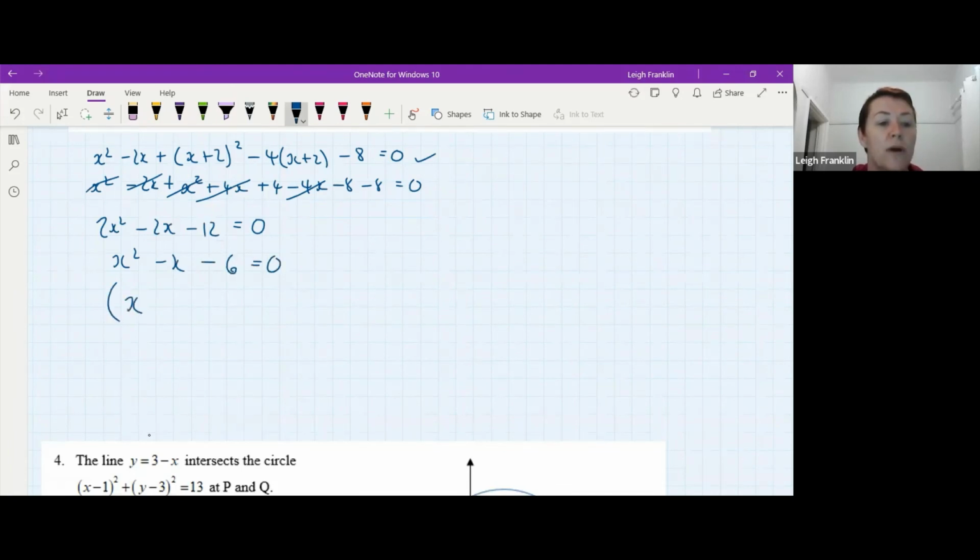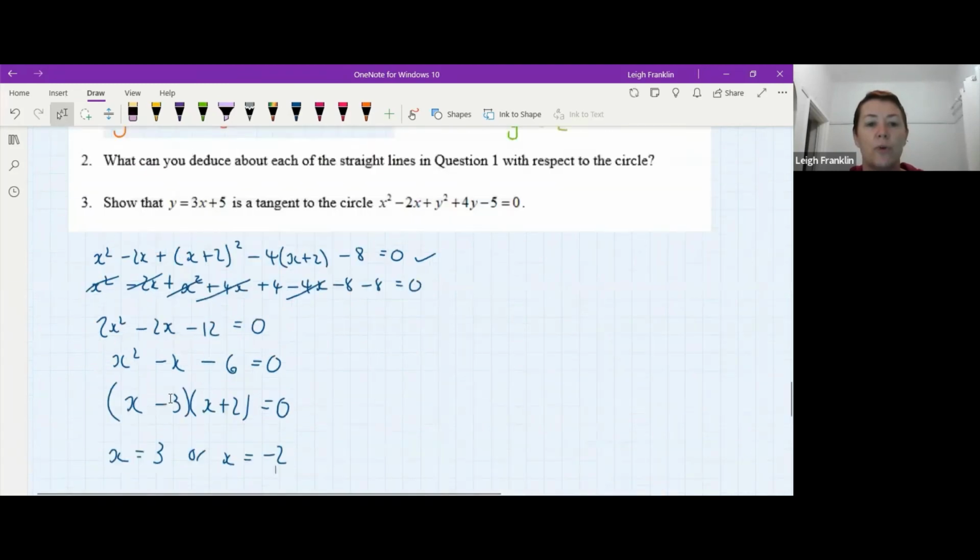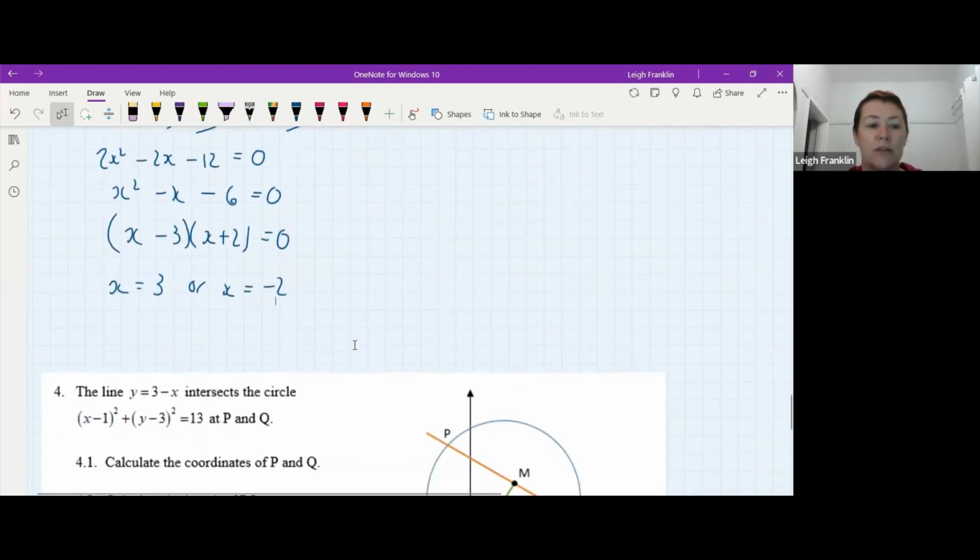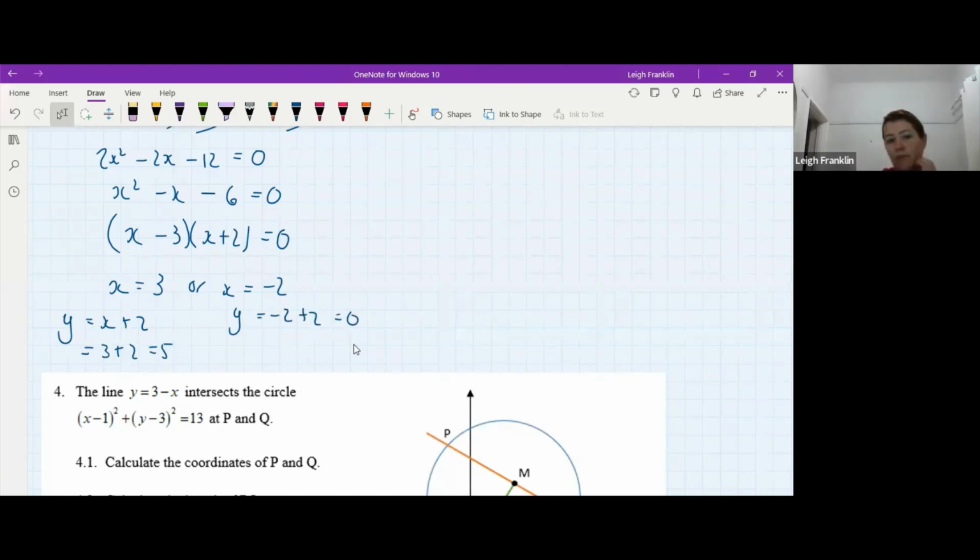And then that's where I got x minus 3 times x plus 2 is 0. x is equal to 3, or x is equal to negative 2. And then, of course, you go and you sub back into y equals x plus 2. So that's 3 plus 2. So that's where the 5 came from. So y equals negative 2 plus 2, that's where the 0 came from.